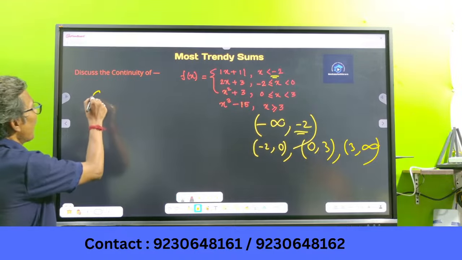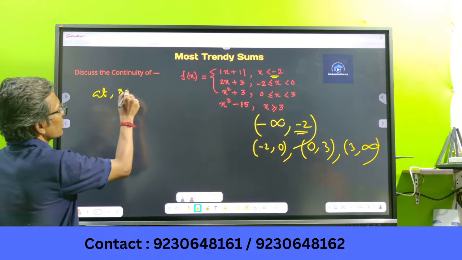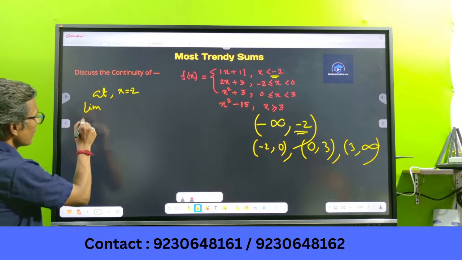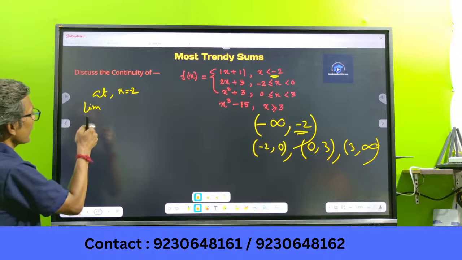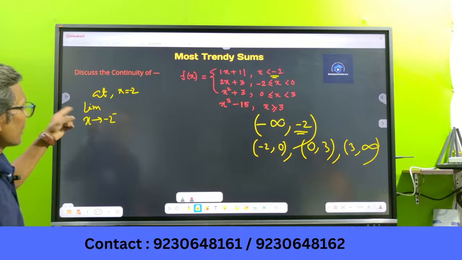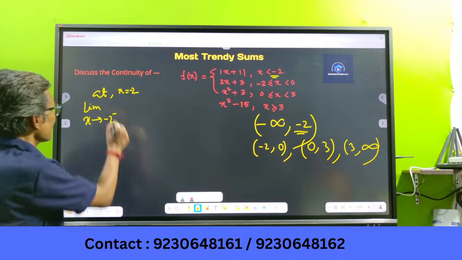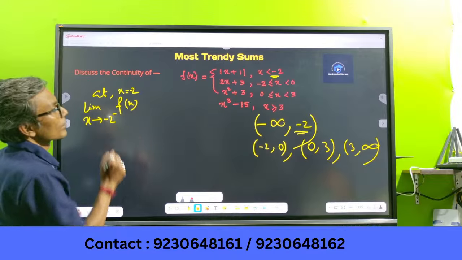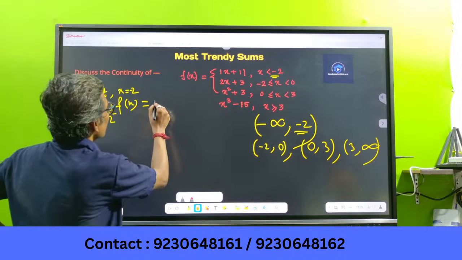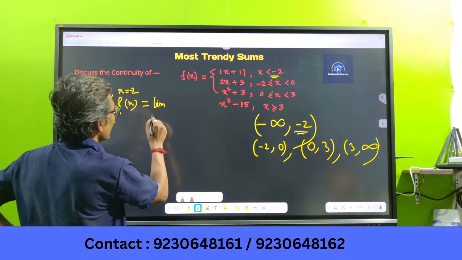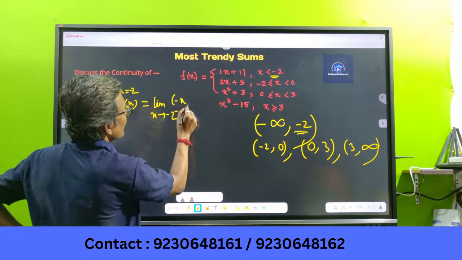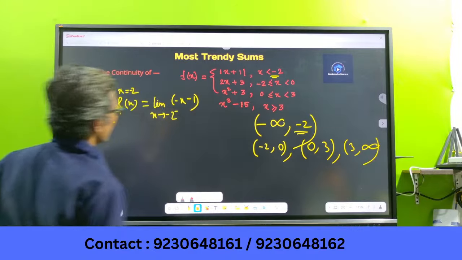So at x is equal to -2, limit x tends to -2 minus, the left hand side limit of the function, the function will be -x -1.